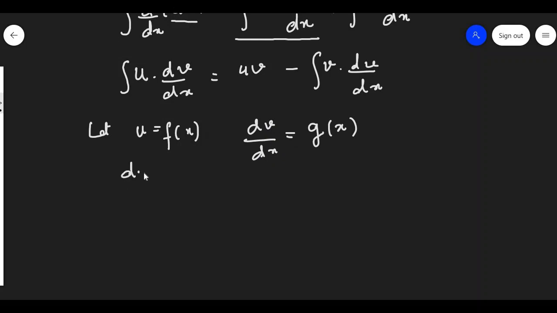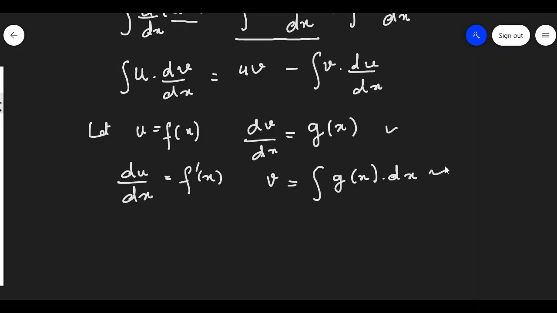Now, if you differentiate u, you get f dash of x, and from here if you calculate v, you get integration of g of x. So, we will write integration of g of x dx. Now, you can put these four values back into this equation.